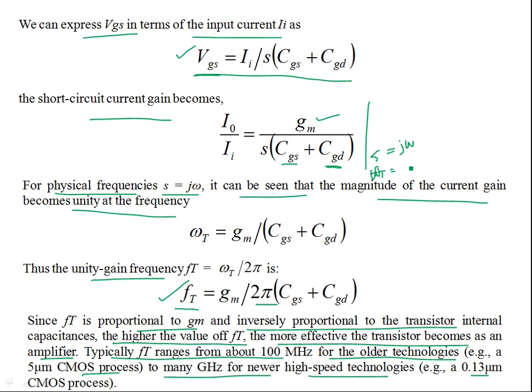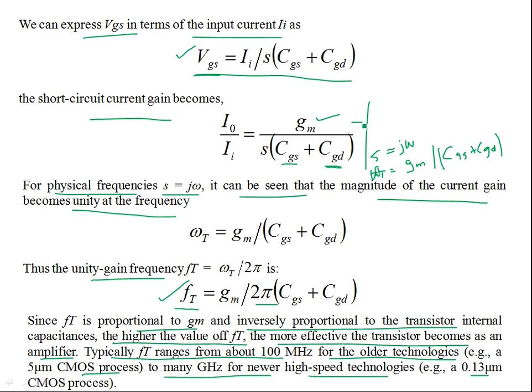If omega is equal to gm over (CGS plus CGD), then the current gain is unity.